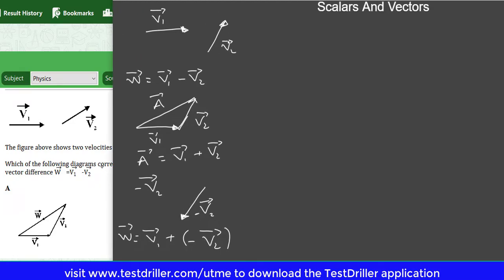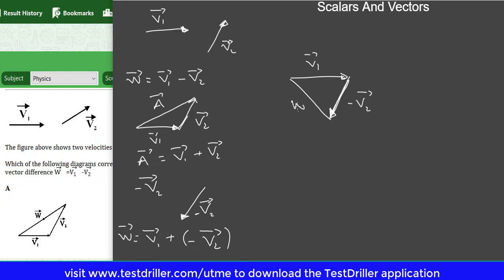Since we now have a representation for minus v2, to combine the two, you just simply take this v1. Then you go in the opposite direction, which is this. So this is the minus v2. Then the resultant will be this.